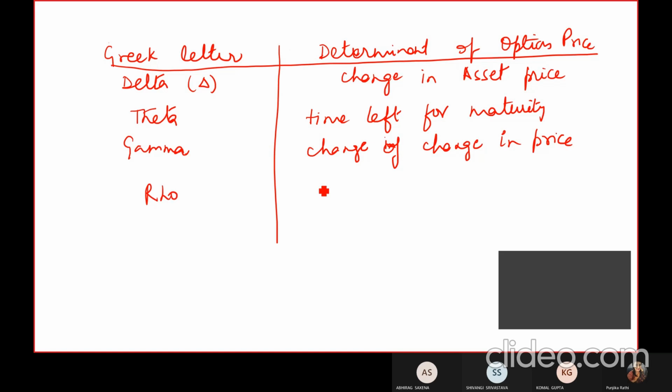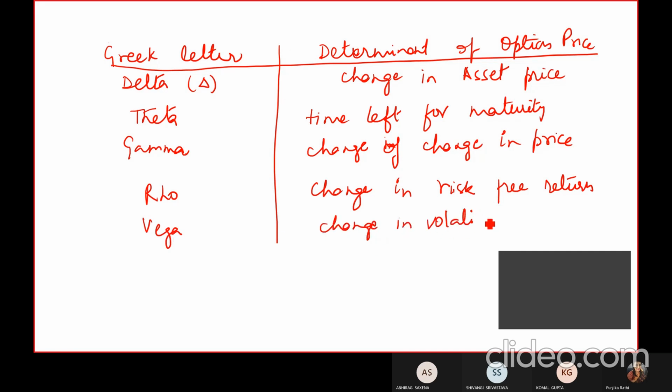Rho, change in risk free return, and then we have vega, change in volatility, that is vega.